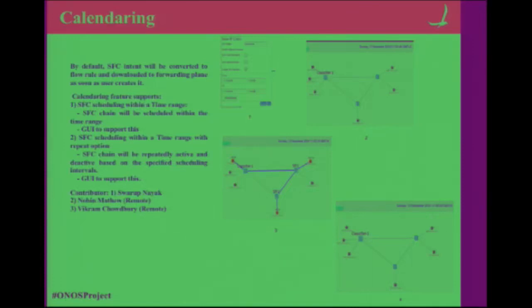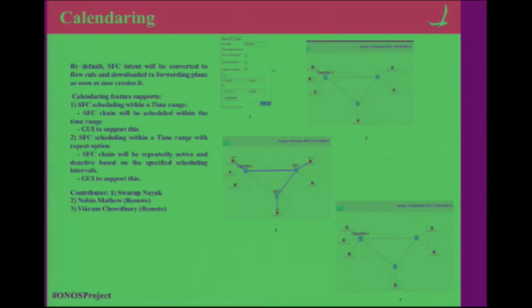And in this calendaring, we basically give a feature like SFC scheduling within some time range. So the SFC chain will be scheduled within the time range we mentioned. And also inside the time range, you can give the repeat option, where you can say from this time to this time every Sunday, let's say, this SFC will be scheduled.